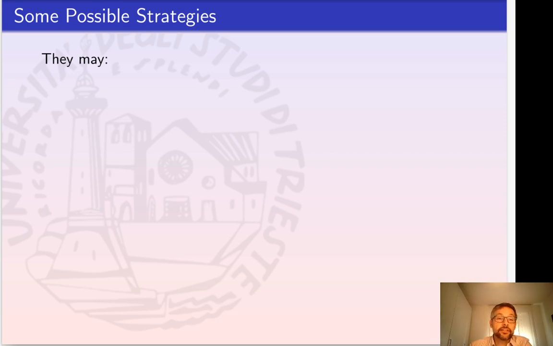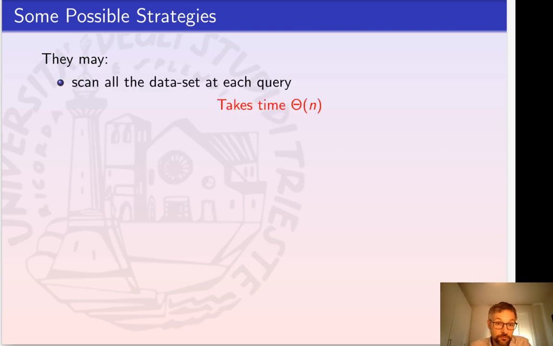Well, we have three, let's say, first possible strategies. The first one is, of course, the naive one, which is to scan all the data set. And we understood that going through this strategy may cost us up to, this should be a big O, of course, up to the number of objects in a data set.